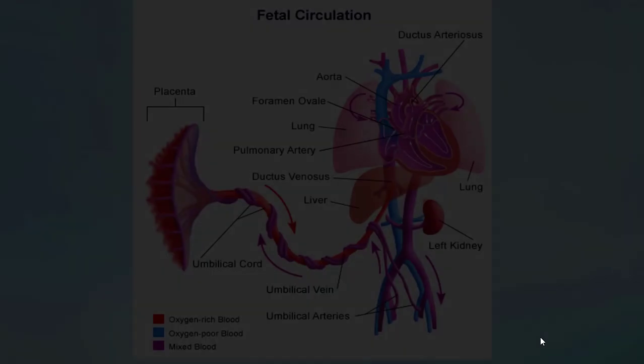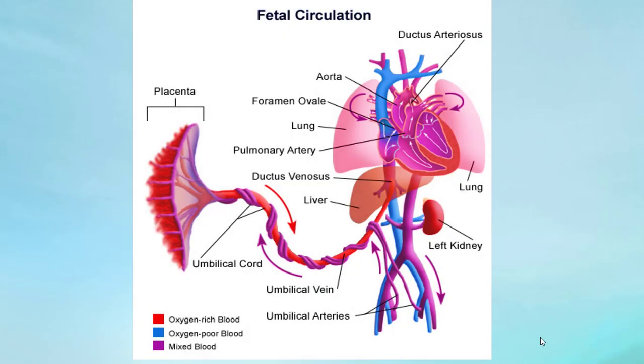Now we see fetal heart circulation. This is the placenta. Placenta has the umbilical vein, and these two are umbilical arteries. Umbilical vein carries oxygenated blood and umbilical arteries carry deoxygenated blood. From the placenta, the umbilical vein enters the fetus body.